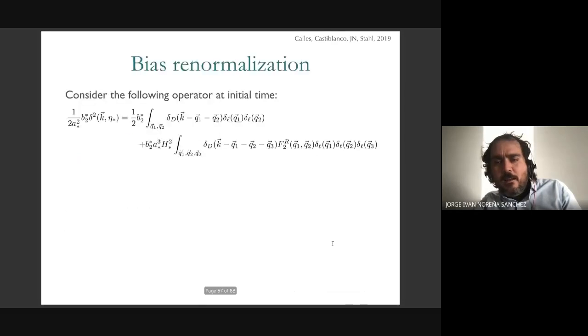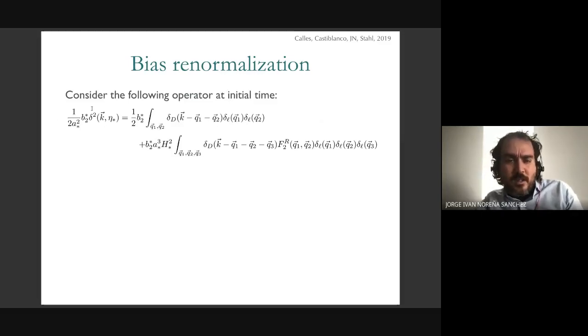Again, I won't show you the calculation. You can look at the paper, but I want to point out an interesting difference with the Newtonian calculation. In the Newtonian calculation, and also for us, when you consider an operator in this bias expansion at some initial time, you have to be careful, because the operator has to be renormalized. What do I mean by that?